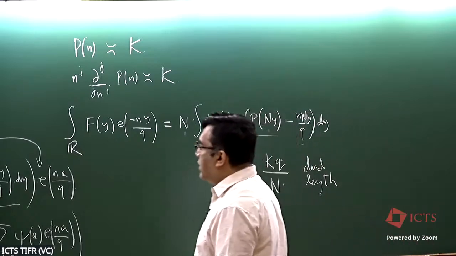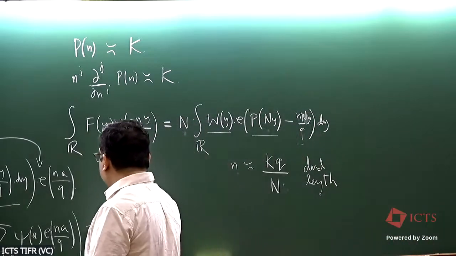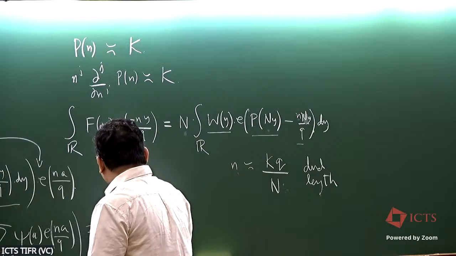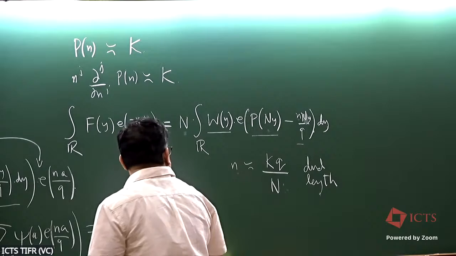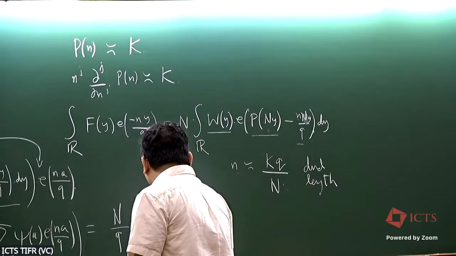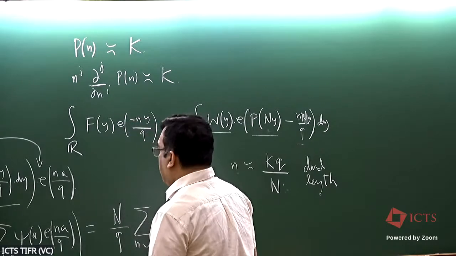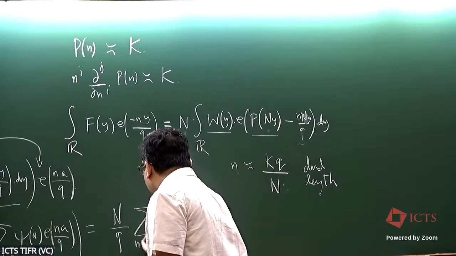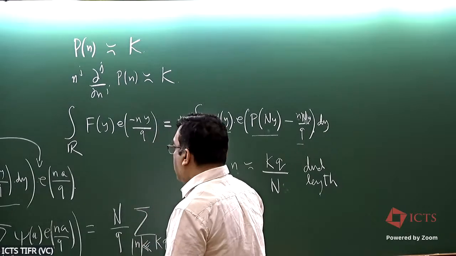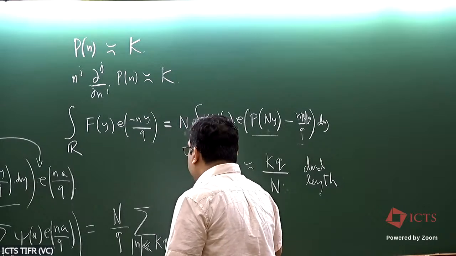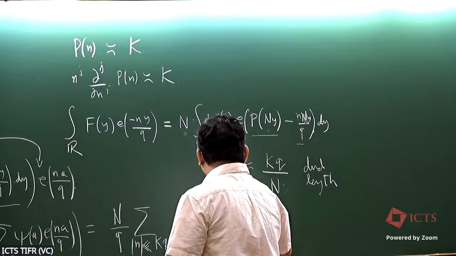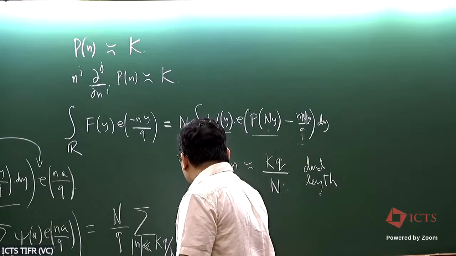All right, and then this just becomes n by q, sum over n of size k cubed by n. Maybe I should say going up to this size. And then you have this sum over psi(a) e(na/q), a modulo q.